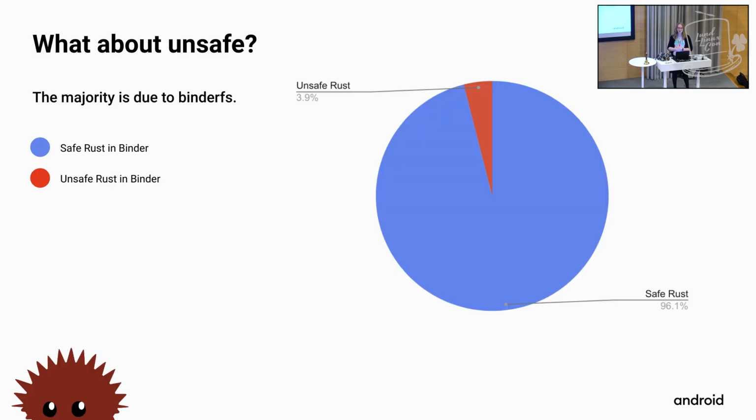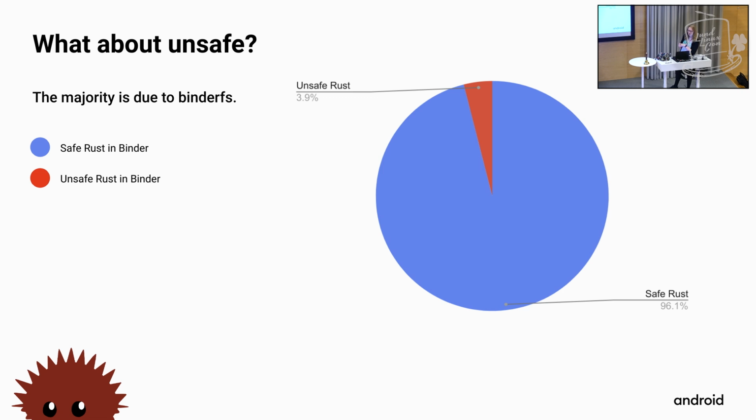Now, what about unsafe? This is a big talking point when it comes to Rust. Now, the deal with binder is that we actually didn't write the entire driver in Rust.